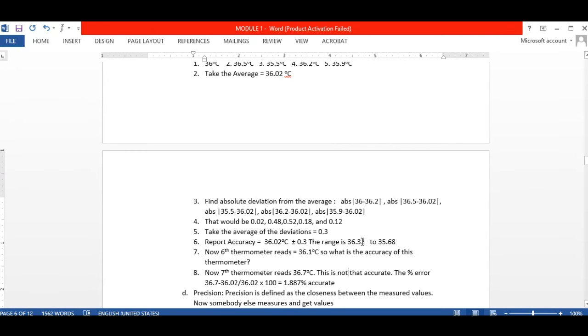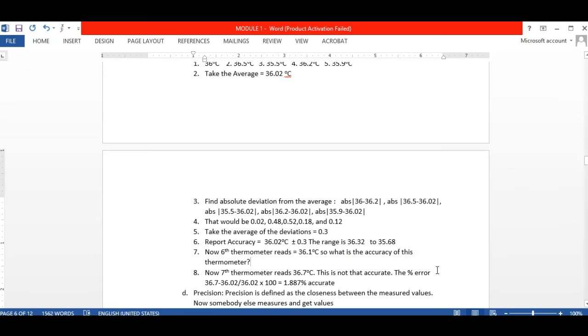The range is 35.68 to 36.32, and this is 36.7, so it is out of the range. So I will say this is not very accurate. The accuracy of this thermometer is acceptable, and the accuracy of that thermometer is not acceptable because its temperature is out of the range. This is the acceptable range. Do you have any questions here?